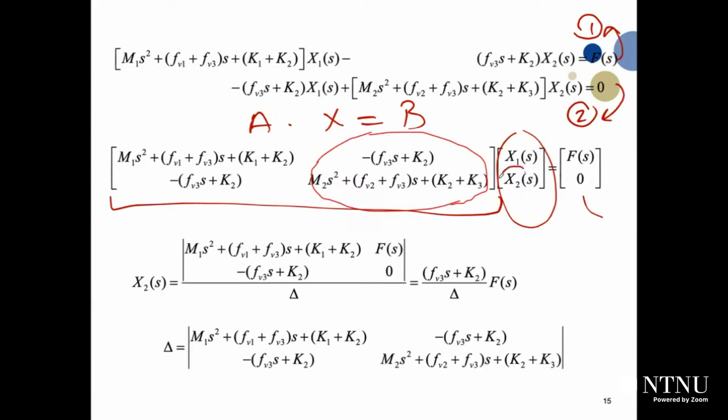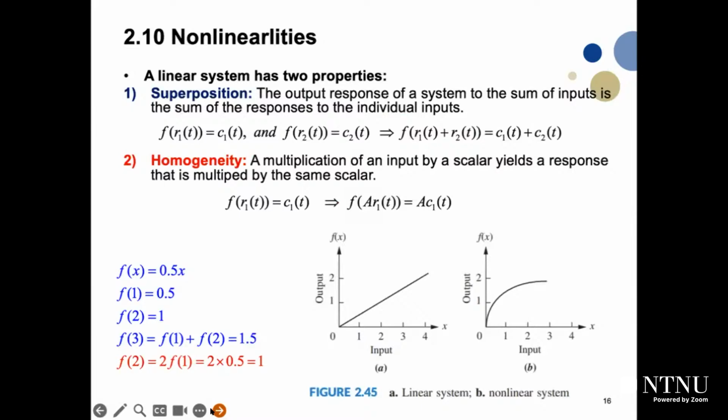If you want to solve for X2, what will happen? Just replace this column, the coefficients of X2, with the output F of S, and take the determinant. So it will be that part multiplied by 0, negative this one. So it will be that part divided by delta multiplied by F of S. And the delta will be the determinant of this matrix. So now we can find the differential equation of our model.